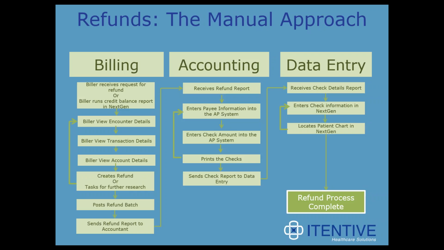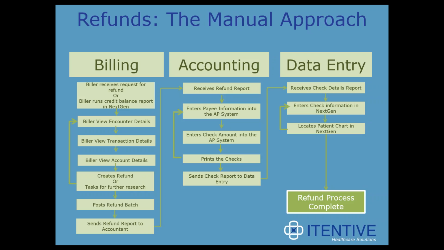So they're going to enter in the check number, the check date, the check amount back into the patient chart in NextGen. So they have to go through a couple of steps for that. So for the 100 refund checks that are printed, you have to go back and enter 100 check informations back into the NextGen chart. So it is a very time-intensive, labor-intensive type process.